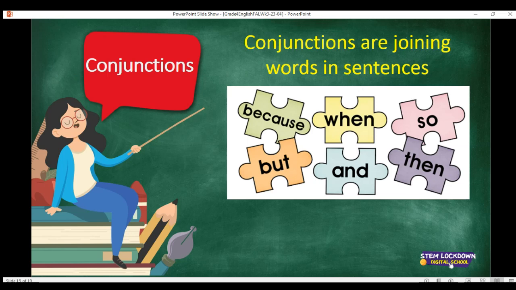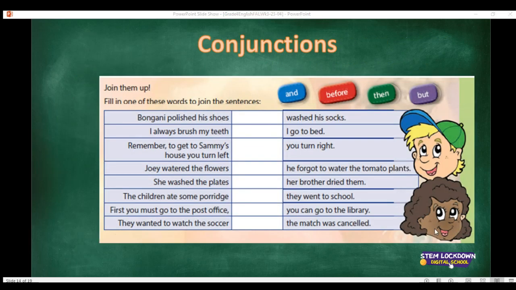So if I have a look at this activity now, they want us to put in the conjunction or the joining word in the correct place now. So the first one says, Bongani polished his shoes, washed his socks.